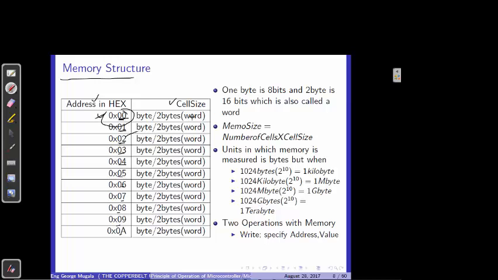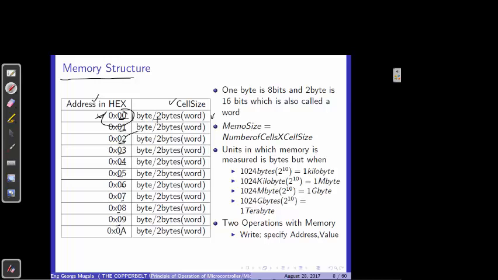Now, if we say this is the address and this is the cell, a very interesting thing that comes up in cell memory locations is the concept of what exactly we are dealing with. Are we talking about the cell locations in terms of size?